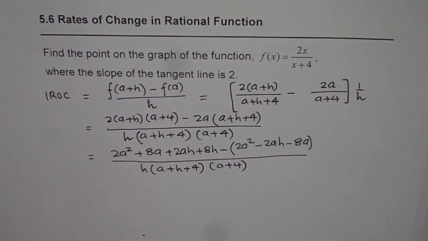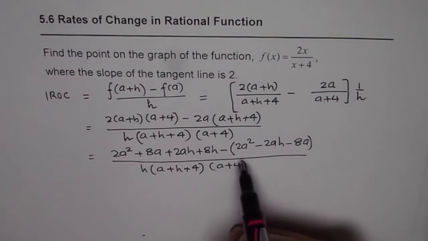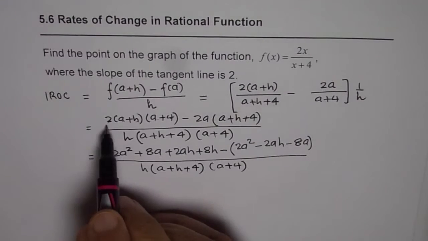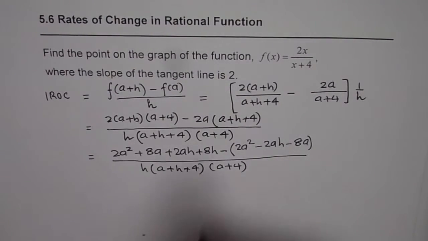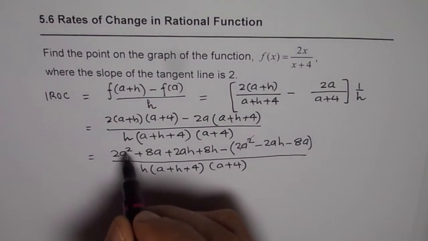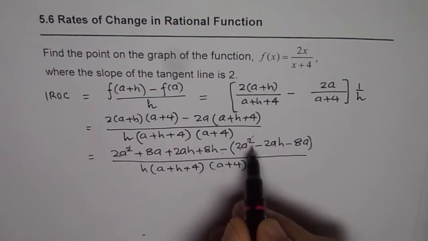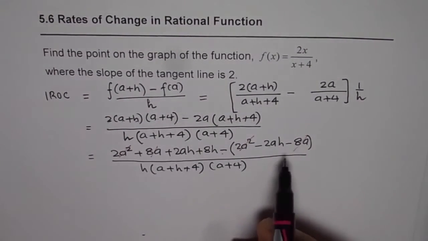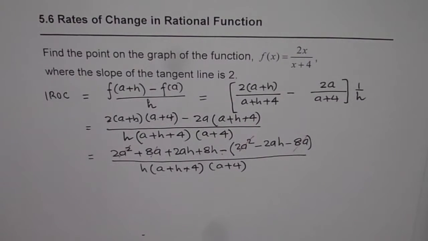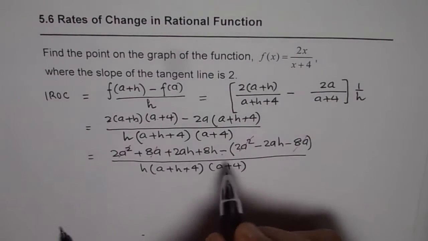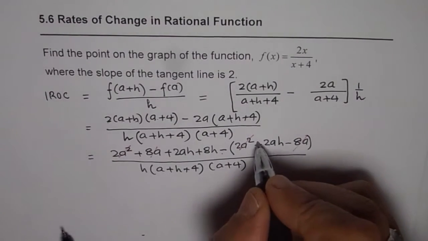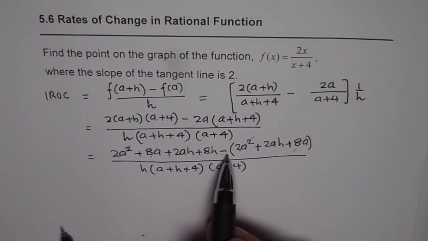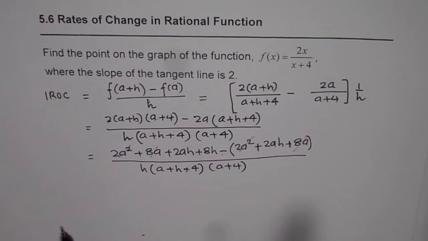Now as you know, whenever we do the difference quotient, all these three terms should cancel out. If they don't, that means we did some mistake here. Okay, let's begin. 2a square cancels, right? 2a square minus 2a square, correct? 8a goes away, right? Oh, sorry, I changed the signs inside while multiplying. I'm keeping minus outside, so I should not change the signs inside.